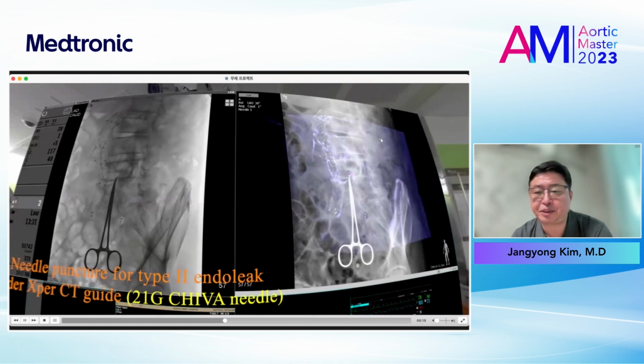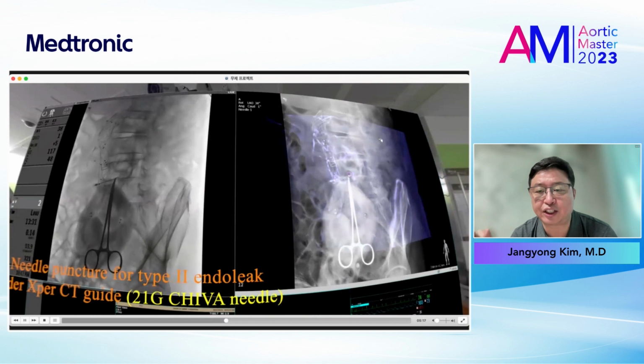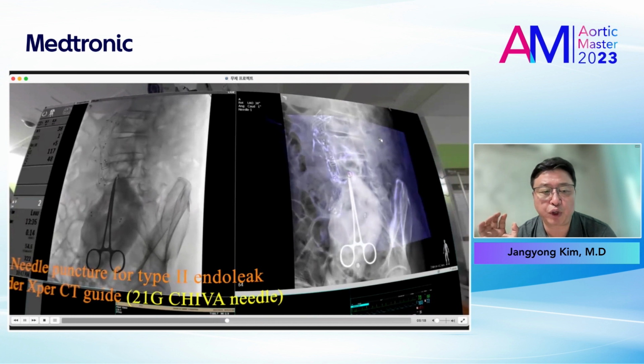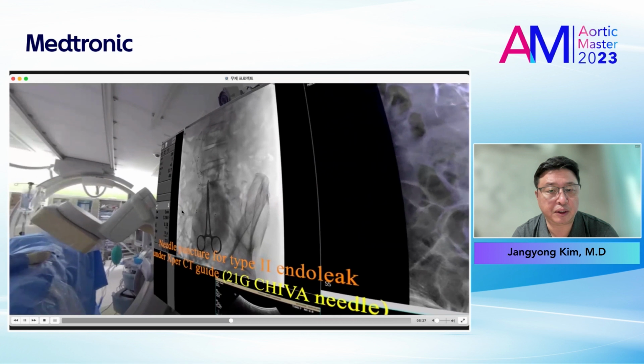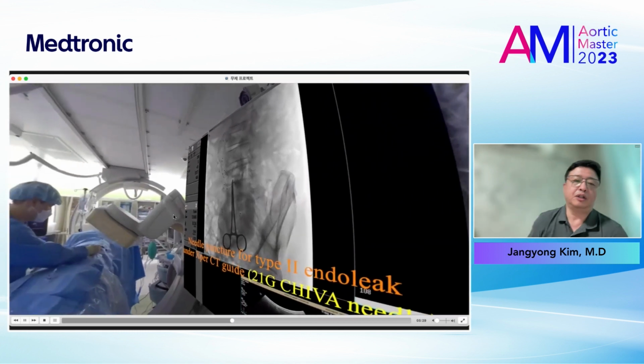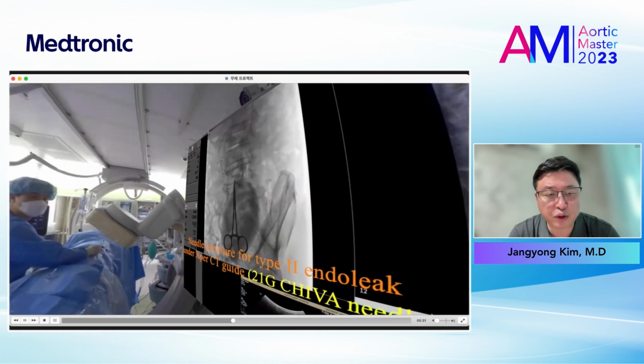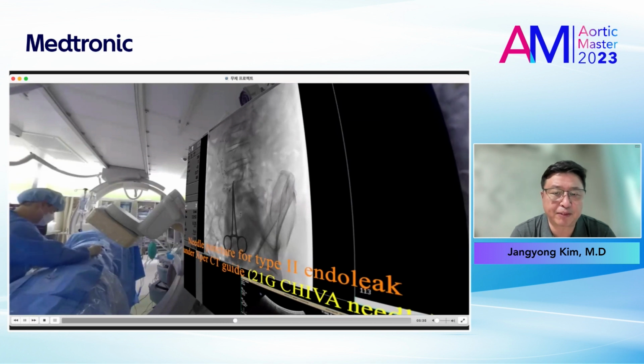We did the convexity scan and localized the target lesion, and we punctured. The localization using the convexity scan like this was not difficult.